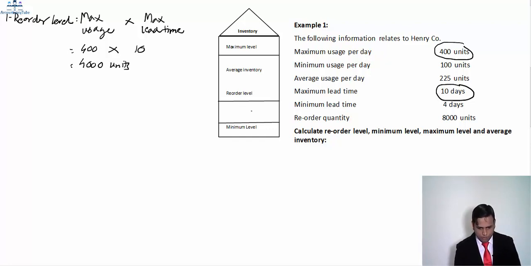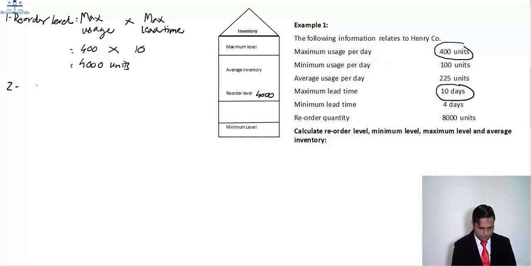Now what have we computed over here? We have computed this level over here, that is 4000 units. Now whenever our stock reaches around 4000 units, it's an indication to management that we now need to place our order.